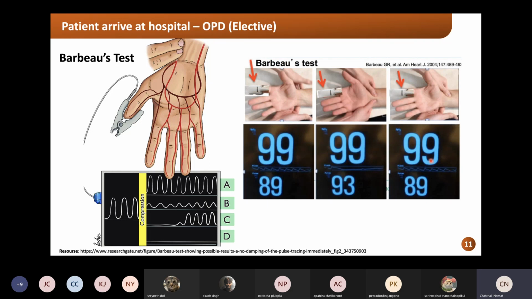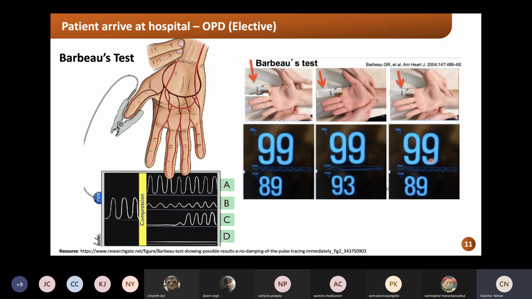After that, we will clip the probe of the pulse oximeter on the thumb or fingers, because this part of the peripheral tissue is directly perfused by the radial artery, so we can see the change of the pulse wave when we occlude the radial artery through these fingers like the thumb or index finger.